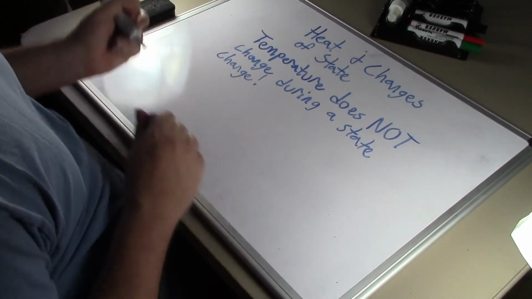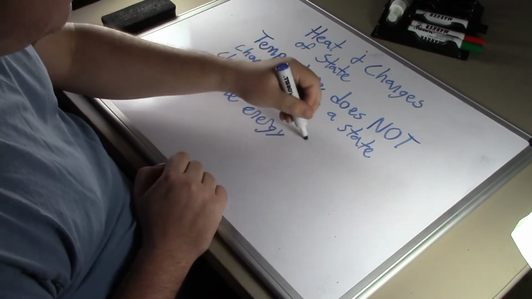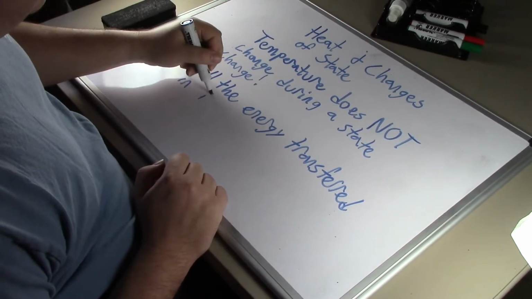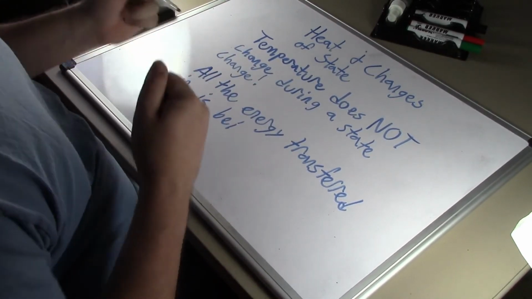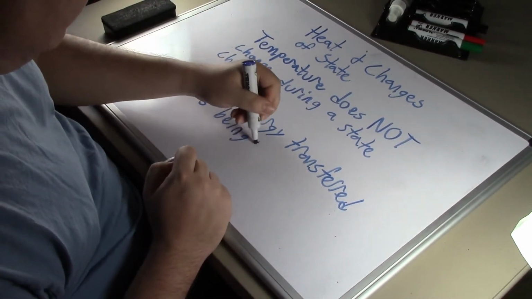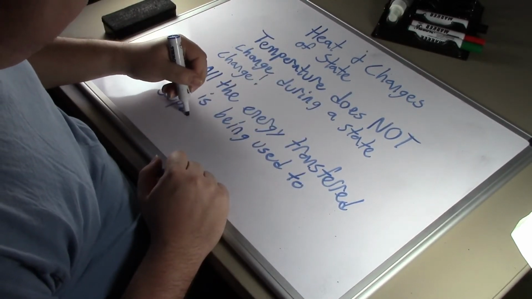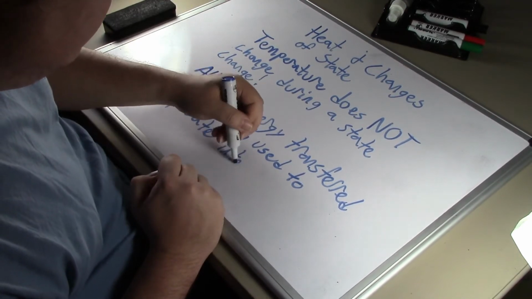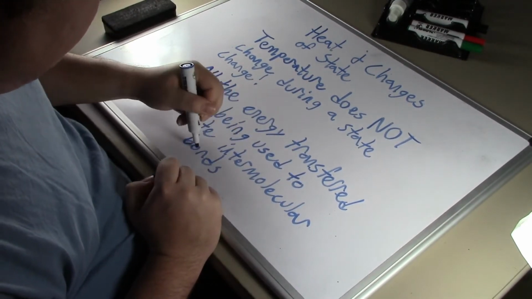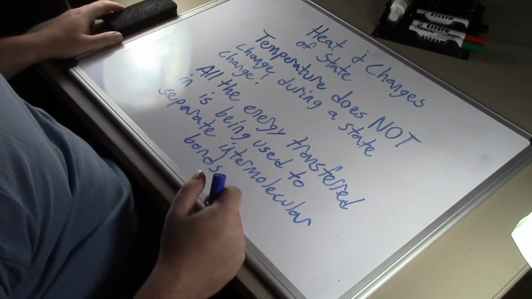This is because all the energy that's being transferred in is being used to remove the intermolecular bonds. And none of the energy is going into raising the temperature of the substance.